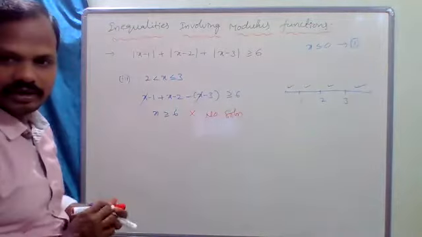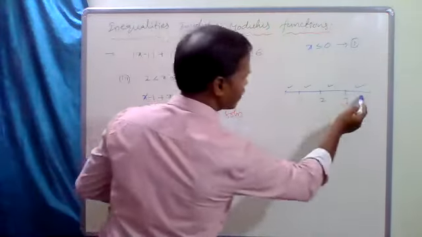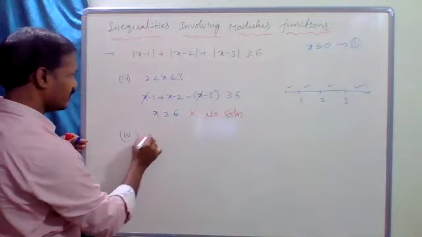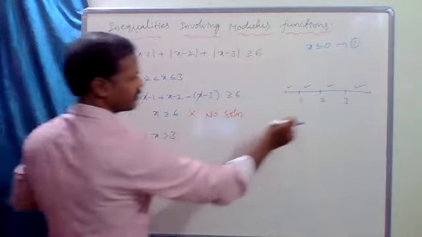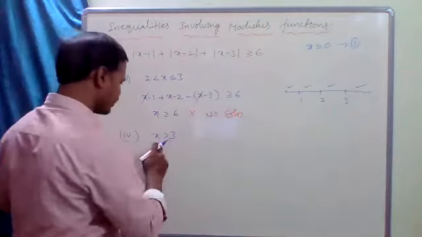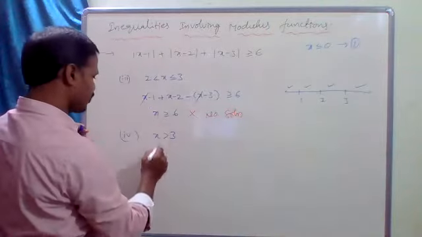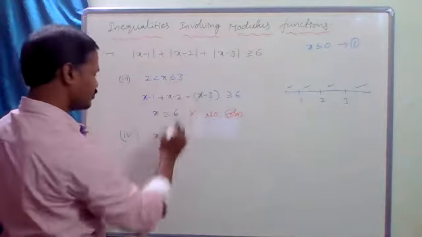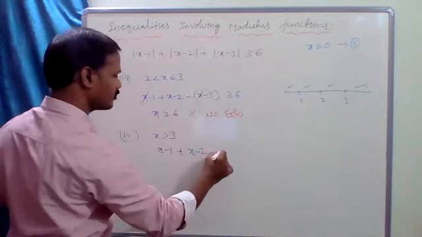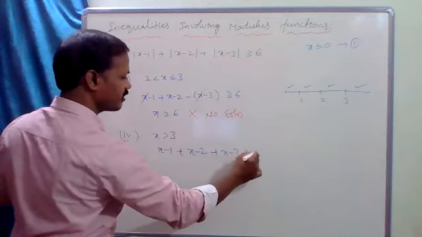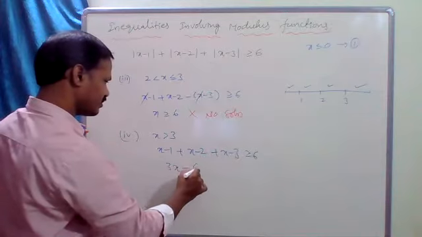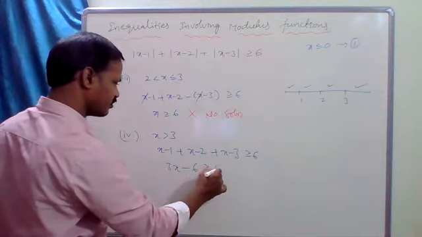Okay, done. Next, what is our next case? Fourth case, which is x greater than 3. And now, if x greater than 3, what about this? This is positive. This is positive. And this also positive, is greater than or equal to 6. Now, this is 3x minus 6 is greater than or equal to 6.